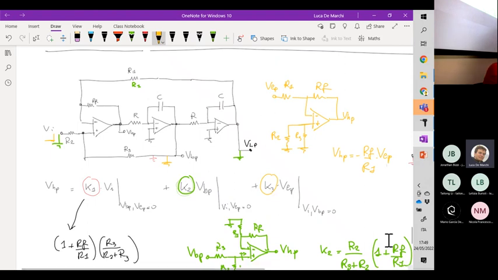Okay, so I have to combine this first expression with the second one, with the third one, to get the full picture.